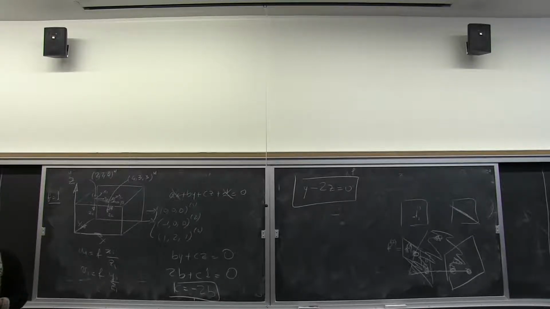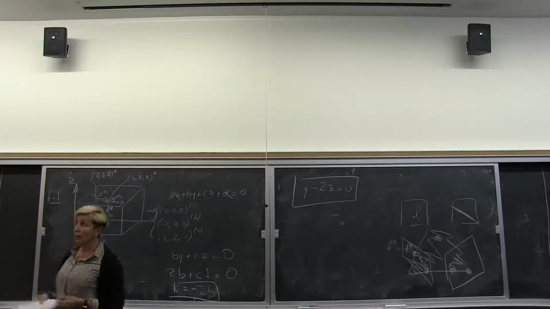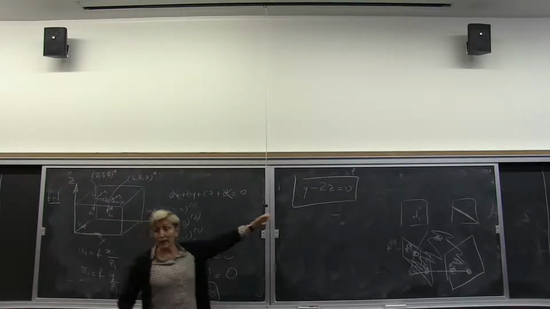Now, the last part of the last question of the exam was: find the corresponding epipolar line in camera 2, expressed in the camera 2 coordinate system. So how do I find the epipolar line? I need the intersection between what and what? Between the image plane and the epipolar plane I just found.